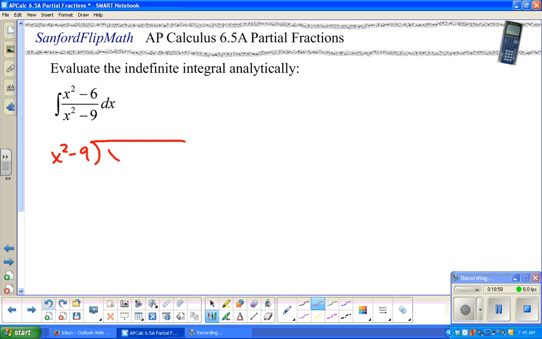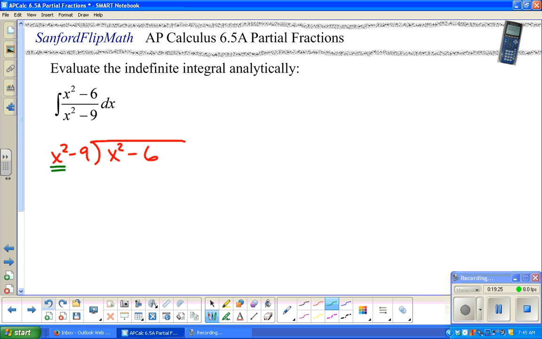And it's not just a linear on the bottom, it has an exponent, so that means you have to do long division. There is an x term that's missing. I mean, technically this is supposed to be x squared plus 0x minus 9, and this would be x squared plus 0x minus 6. But because both of them are missing those same terms, we can actually get away without adding in those 0x terms.